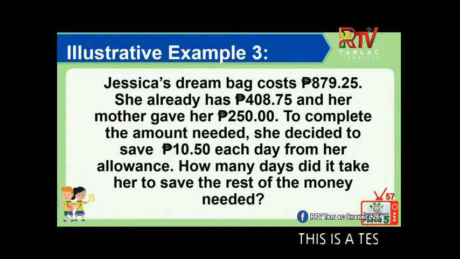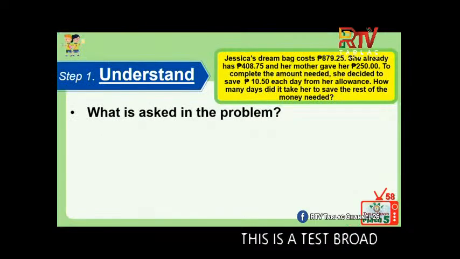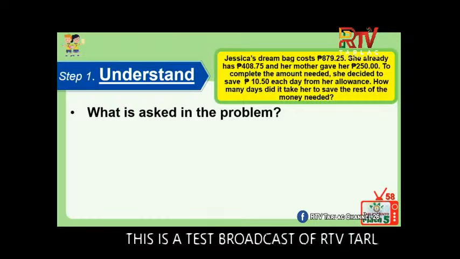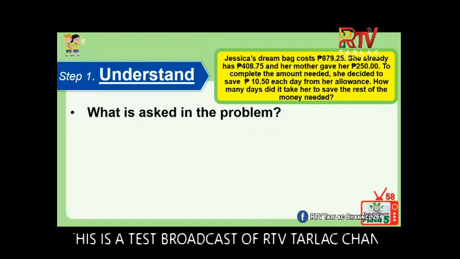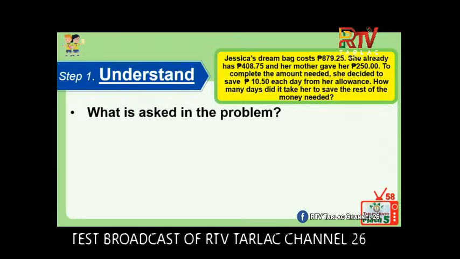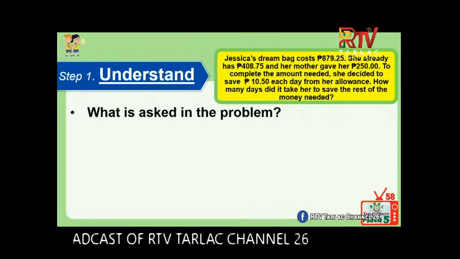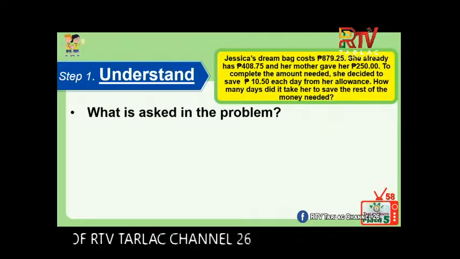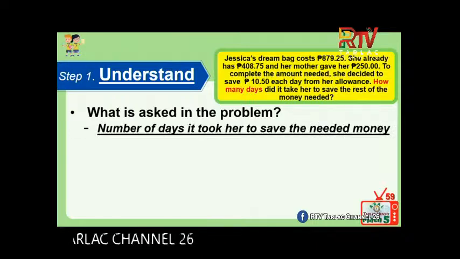Again, let us follow the steps stated earlier. Step number 1, understand. What is asked in the problem? Our answer, the number of days it took her to save the needed money.